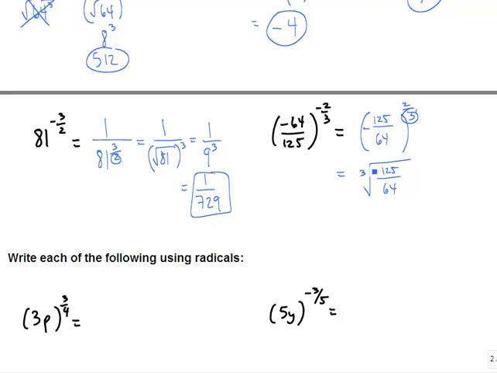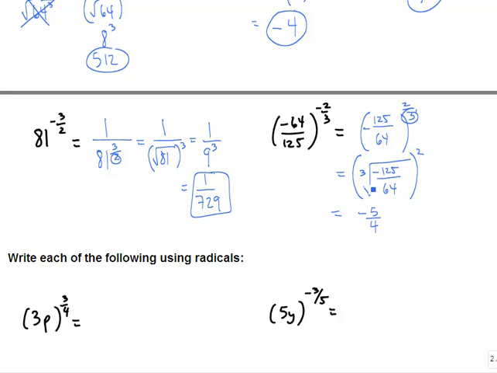You want to figure out what that cube root is first while the numbers are still relatively small, and then square that answer. So what number cubed gives you 125? That would be 5. What number cubed gives you 64? That would be 4. And the negative is going to stay put since the cube root of a negative stays negative.